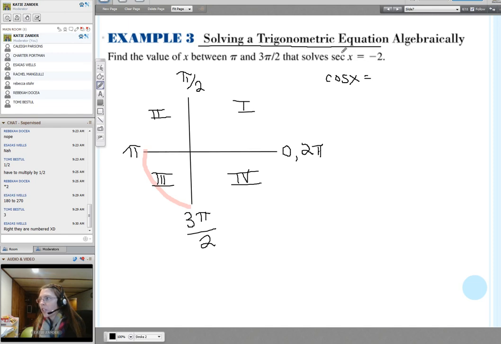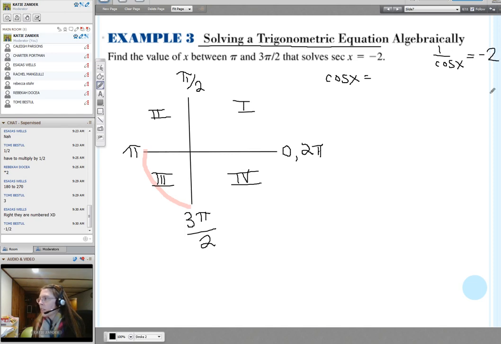So if I'm going to change secant to cosine, what am I going to do with this -2 value? You're going to take the reciprocal of it, right? Because that's what I did with secant. Secant was originally 1 over cosine of x. So if I'm writing just cosine of x, I took the reciprocal there. I've got to take the reciprocal of the other side as well. So I'm going to make that a -1/2.